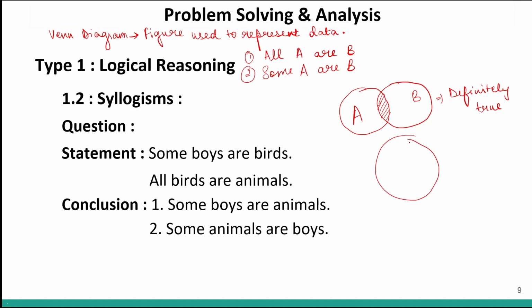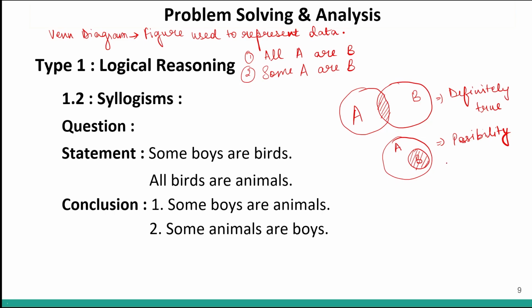I can also write it like this. Let's say this is my A and this is my B. Some part of A is B. I can also write it like this, but this is only a possibility. Why? Because this means that all B are A. Correct? But this is not mentioned. What is mentioned?